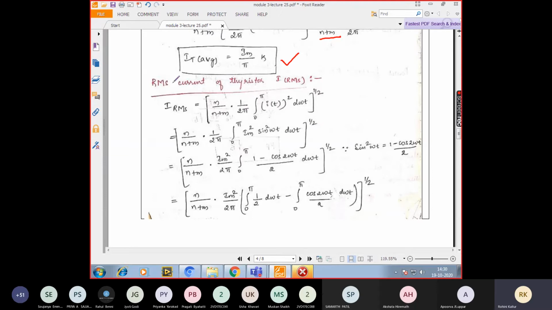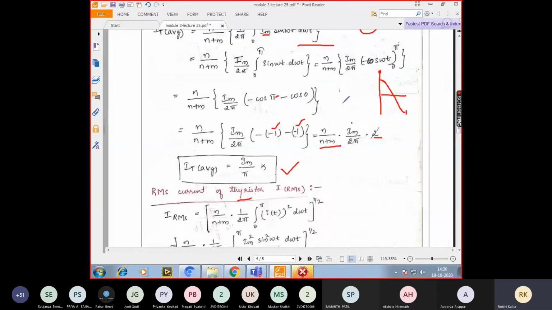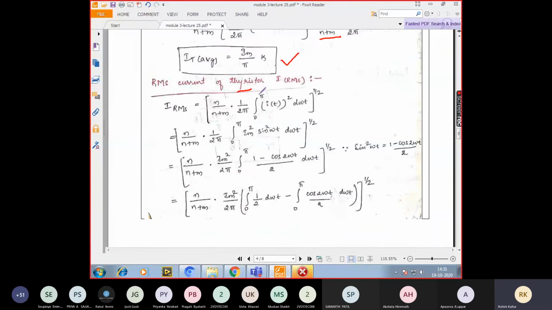So for this RMS current of thyristor, we know that the thyristor which conducts from 0 to pi as explained here. So the limit will be from 0 to pi. So it is n divided by n plus m into 1 over 2 pi integration from 0 to pi I of t square d omega t.